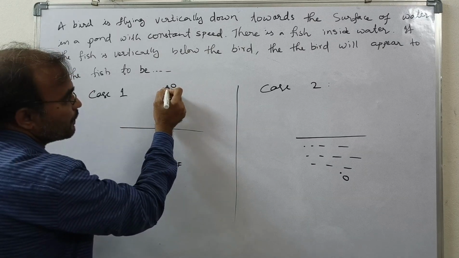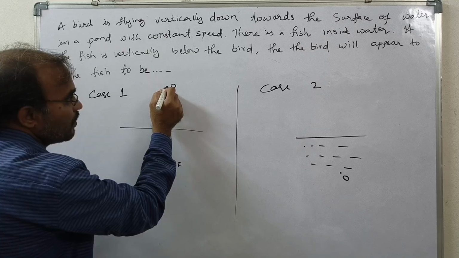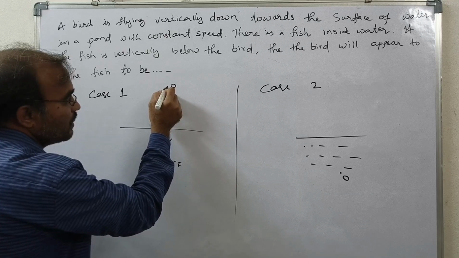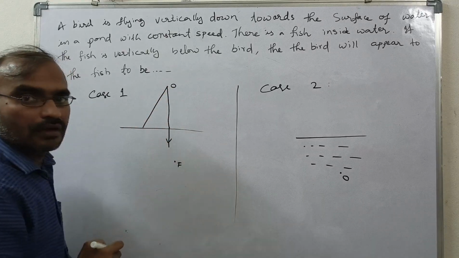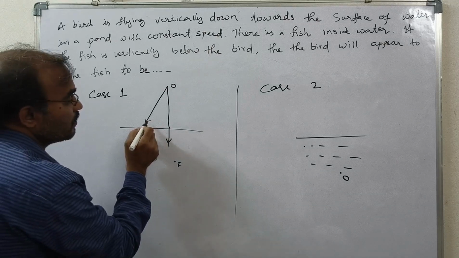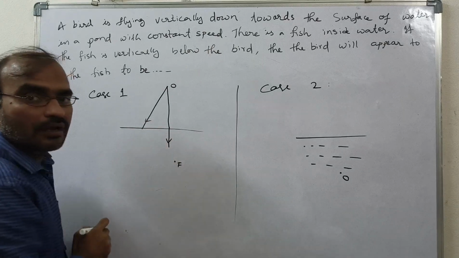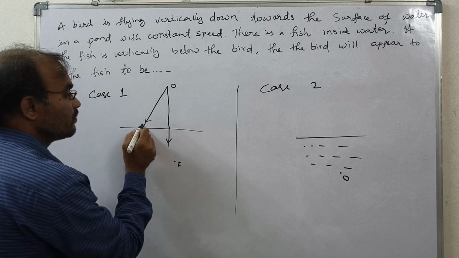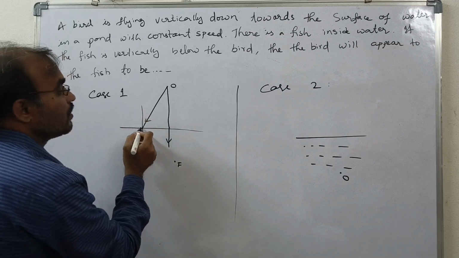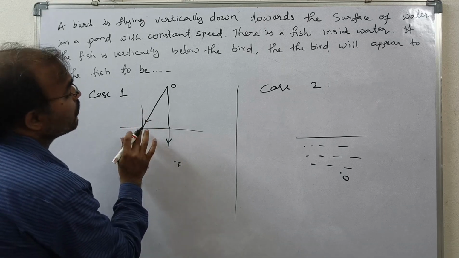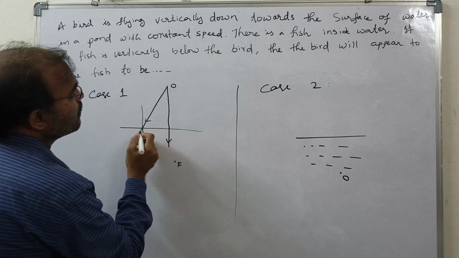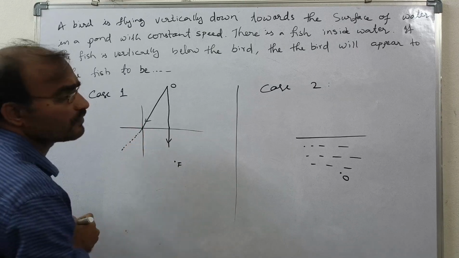And take another ray in any direction you like. I have taken a ray here. This is the point of incidence. At the point of incidence, we have to draw a normal. And if you are confused, first of all, draw the original path of light.